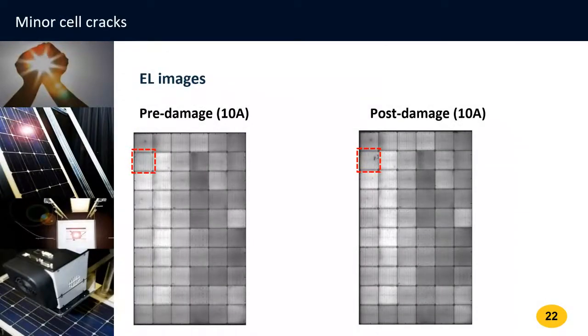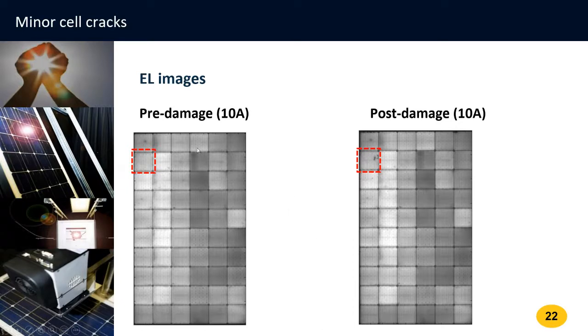Okay, so in this final result, I'm going to be speaking about a module that was part of my PhD study. I attempted to induce PID within this module using the climate chain that we have, applying a high voltage across the cells to the frame of the module.